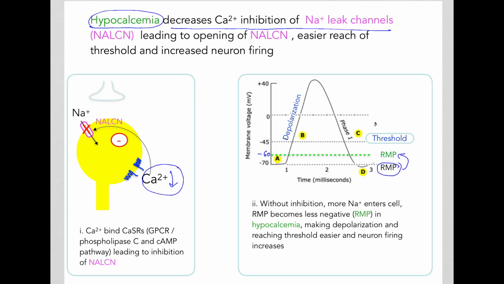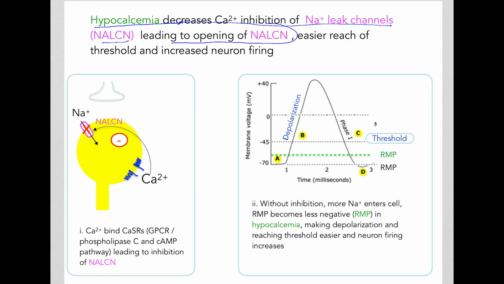This means that it'll be easier for the cell now to reach threshold and cause an action potential. So hypocalcemia, by decreasing calcium inhibition of NALCN, leads to an increased probability of opening this NALCN. There'll be an easier reaching of threshold, and that will increase neuronal firing.